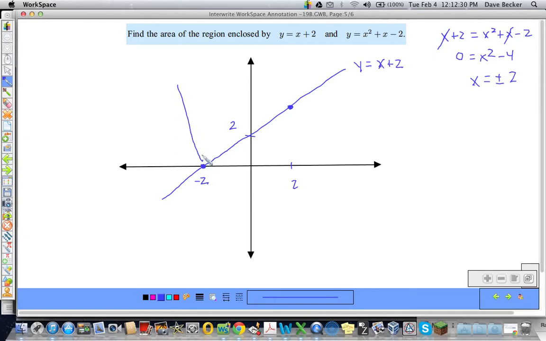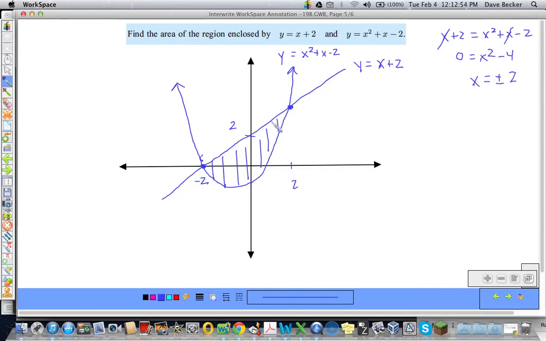You know it opens upwards, so it's going to look something like that. And from the sketch, or if you know your functions well enough, you can tell which is the upper curve and which is the lower curve. So we are finding the area bounded by these two curves, and there they go, right?